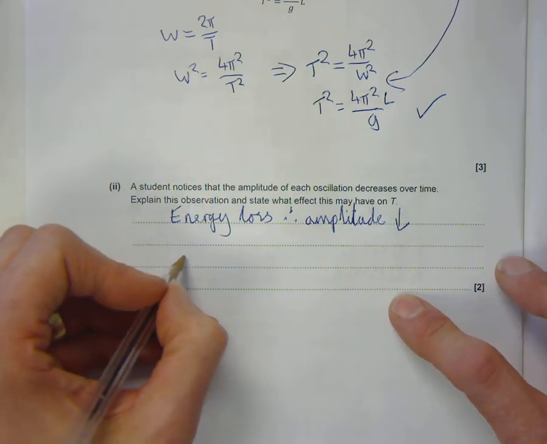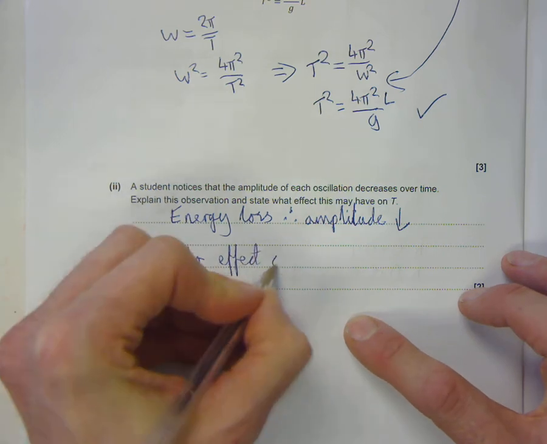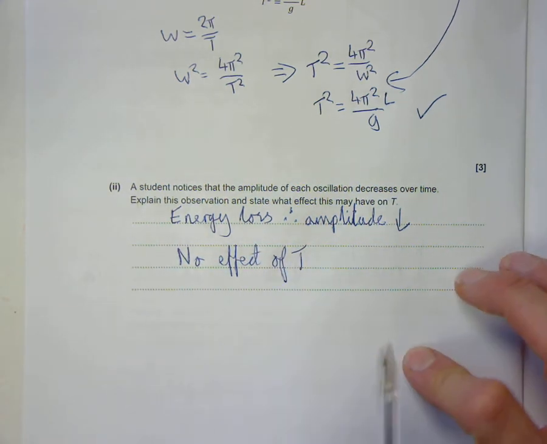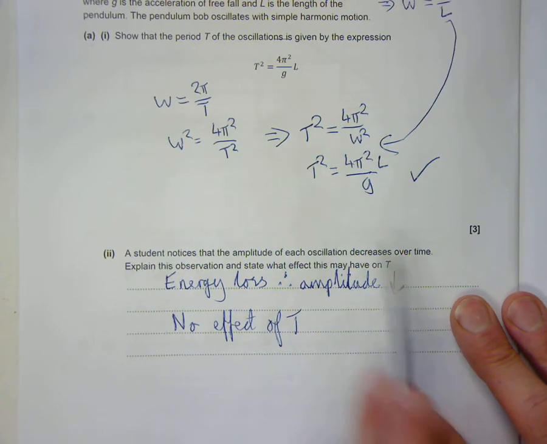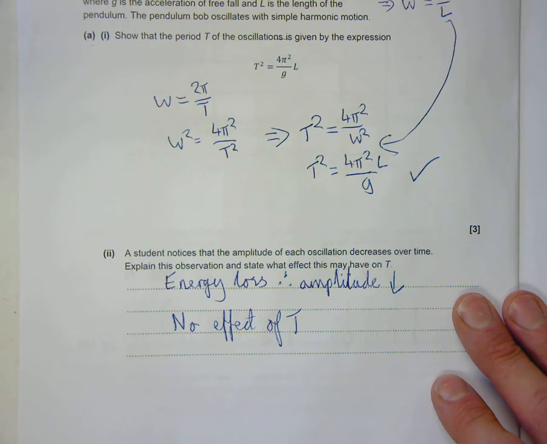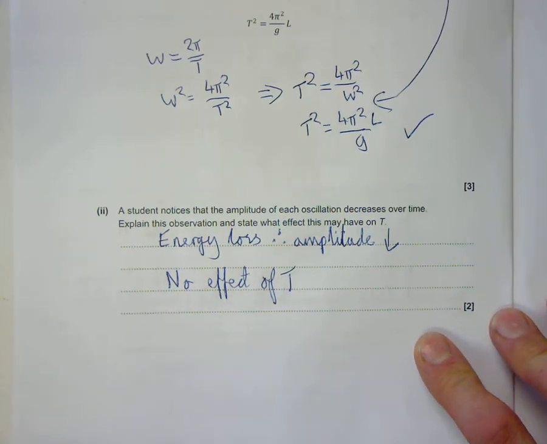There is no effect on the time period. Why? Because the time period is independent of the amplitude. We've just shown it in part 1. 2 marks.